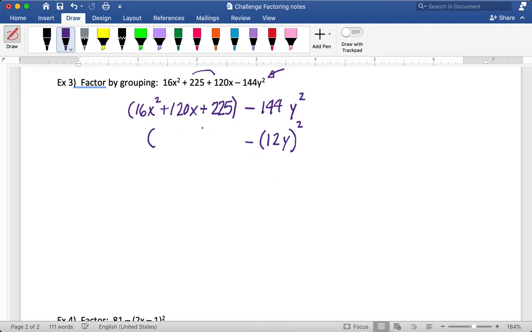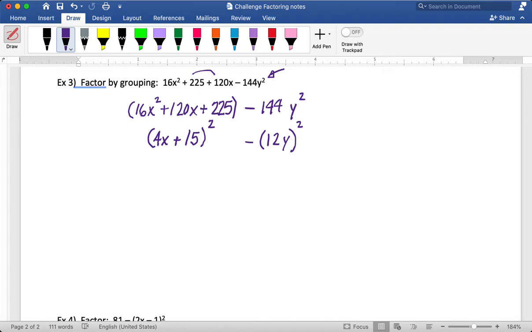This is a perfect square trinomial. The square root of this is 4x. Signs are the same, they're both plus. Sometimes this could be negative, but in this case it's not. And square root of that is 15. Right? Multiplies to 225, adds to 120.